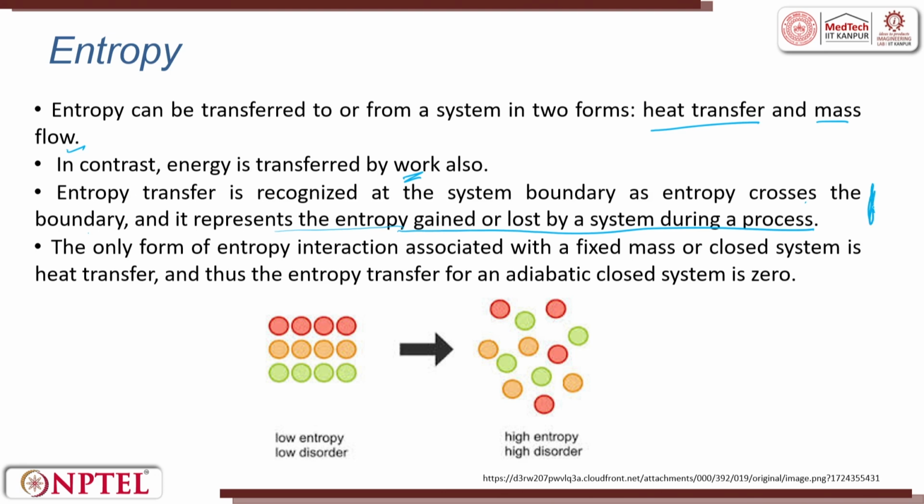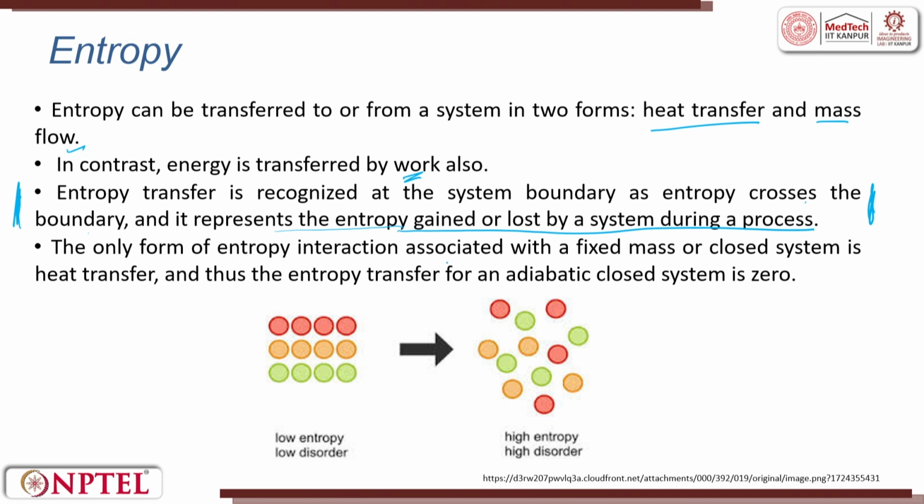This statement is also very important. Entropy transfer is recognized at the system boundary as entropy crosses the boundary, and it represents the entropy gained or lost by the system during the process.